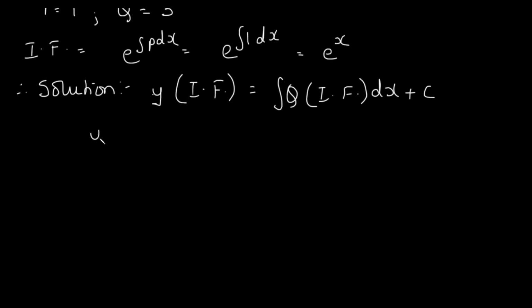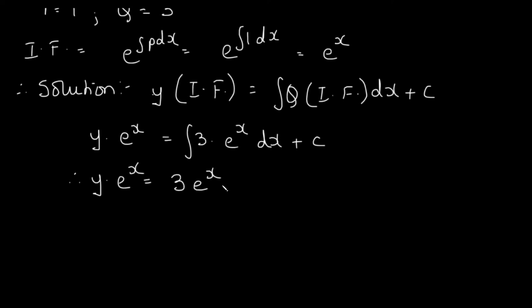So we get y into e raised to x, because integrating factor is e raised to x, is equal to integral Q is 3, so 3 into e raised to x dx plus c. Now 3 being a constant can be brought out of the integral sign, and we know that the integral of e raised to x is e raised to x itself. So we get the equation as y into e raised to x is equal to 3 e raised to x plus c. So since we have removed all the derivatives from here, this becomes the solution of the differential equation.